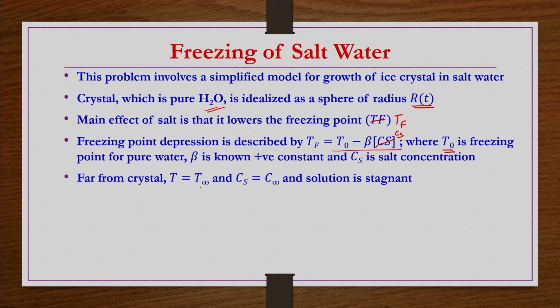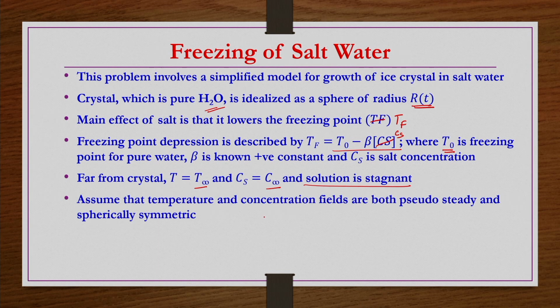Far from the crystal, the temperature T infinity and concentration C infinity are known, and the solution is stagnant. That is the other condition. So, C infinity and T infinity are known, which are far away from the crystals.